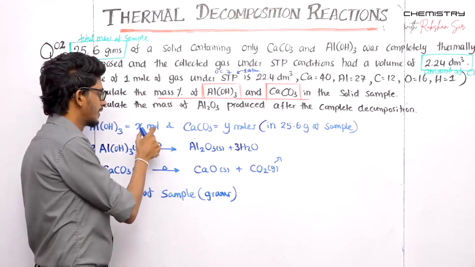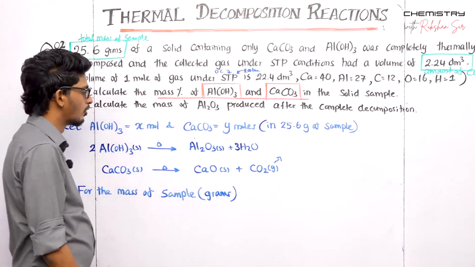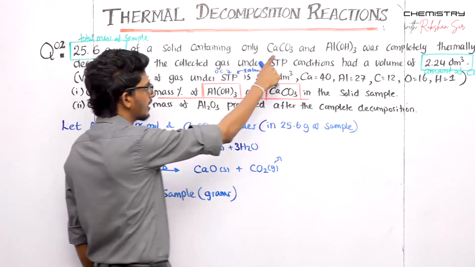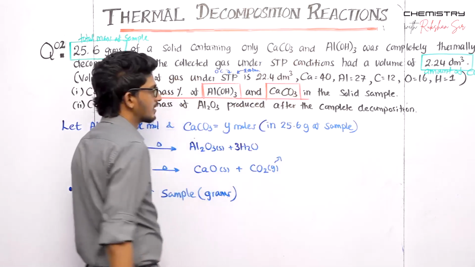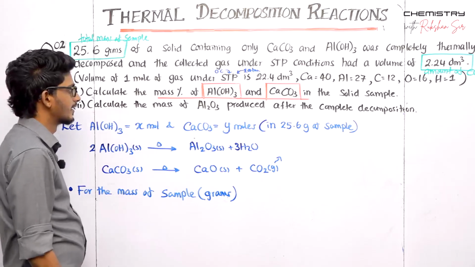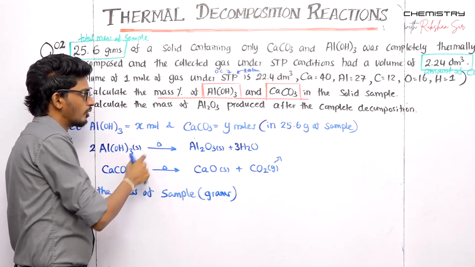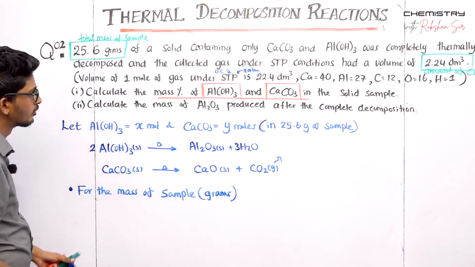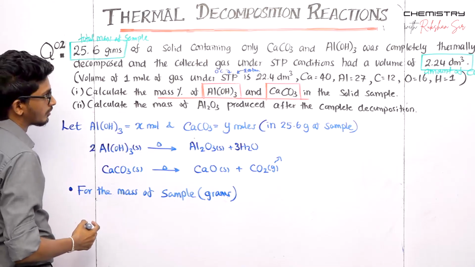As we know the values in terms of x and y, the moles, we first need the g mole minus 1 data to relate them to the moles and come up with grams. So first let's calculate the g mole minus 1 data.